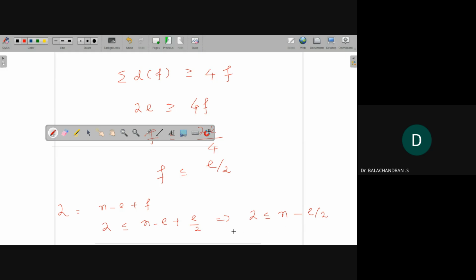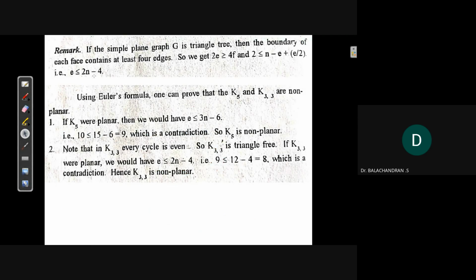Multiplying throughout by 2, we get 4 less than or equal to 2n minus E. From this, we get E less than or equal to 2n minus 4. So this is the result: E is less than or equal to 2n minus 4.